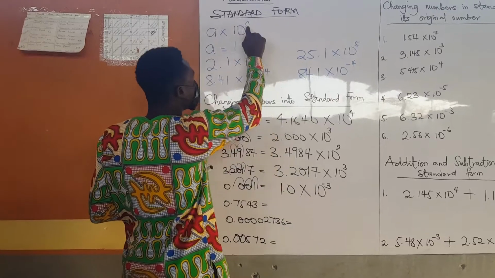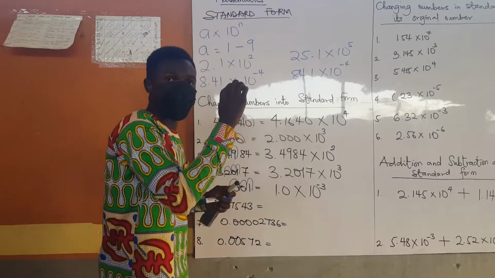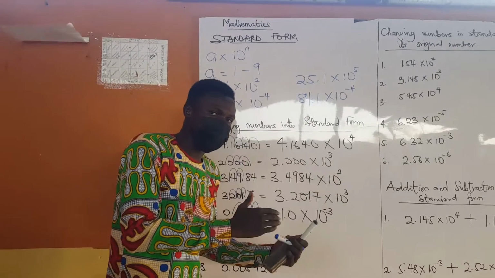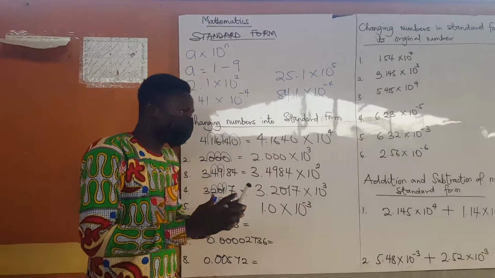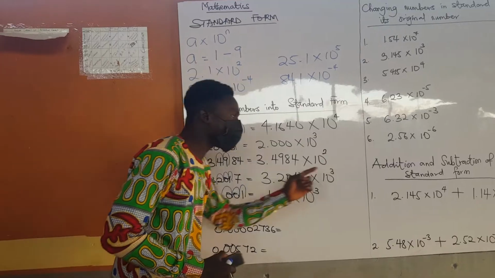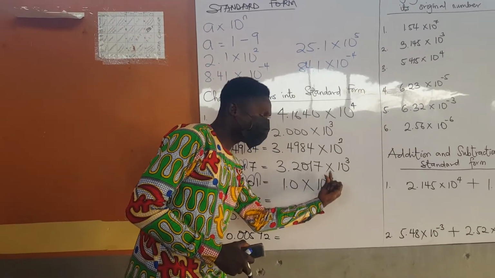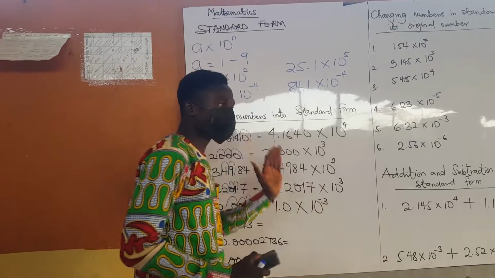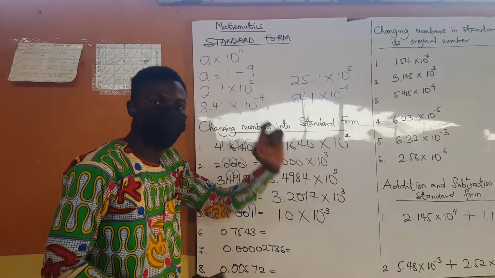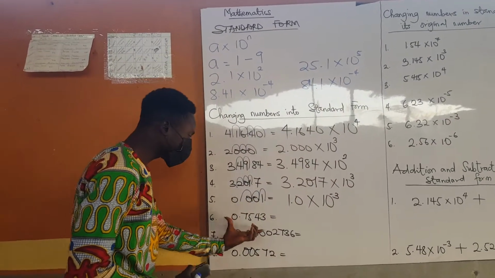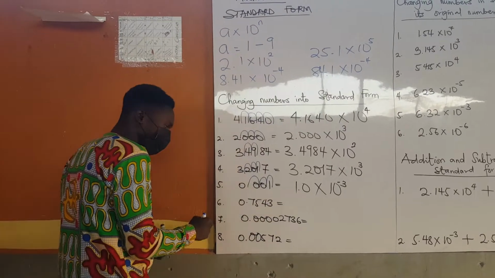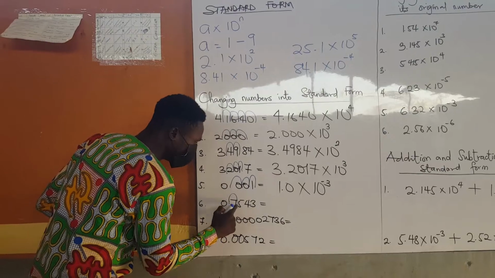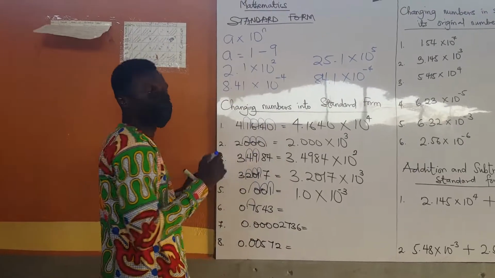Remember, I told you that n is an integer, and integers are positive or negative. So here, because we move to our right, the power of 10 becomes negative. But if you move to your left, the power of 10 becomes positive. The same thing happens to this one. I can move in this direction, so I'll move here. You can't move again because 75 is not in the range.